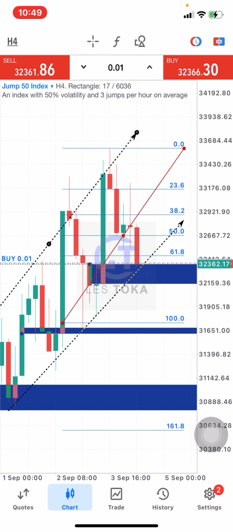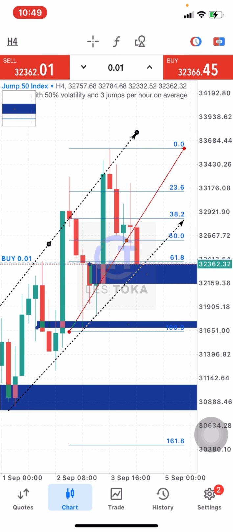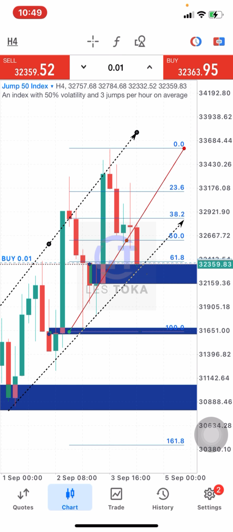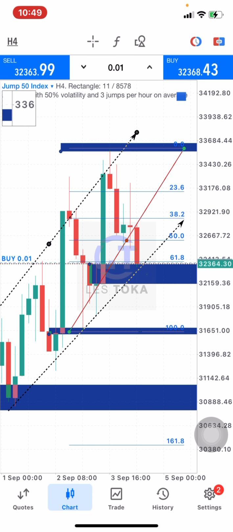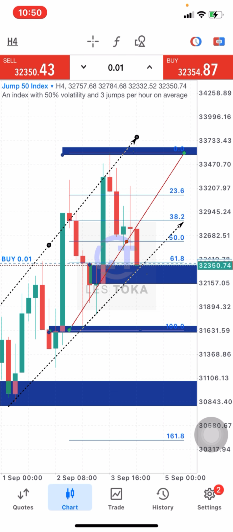At the level of 100, that's where the market gave us the bullish move to the upside. And at the level of 0 at the top, it's the level where the market was overbought and then it had to go down. So exactly at the 61.8 level, that's where the market should reverse and start pushing to the upside.